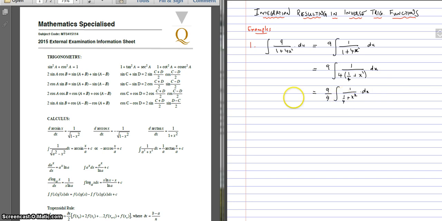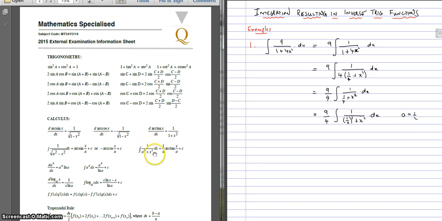Now it is similar to what we've got here. The 1/4 represents the a squared. So if we rewrite it as a square, we have 1 over 2 squared plus x squared dx. So essentially our a is 1/2.